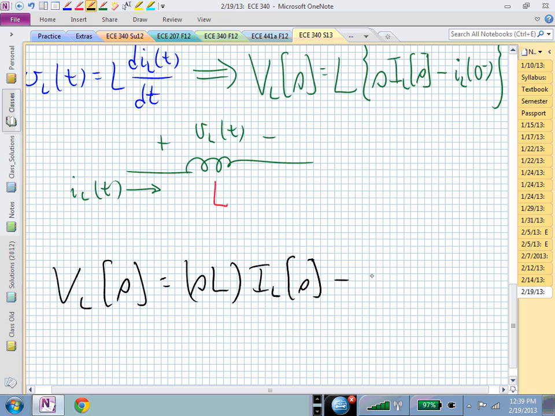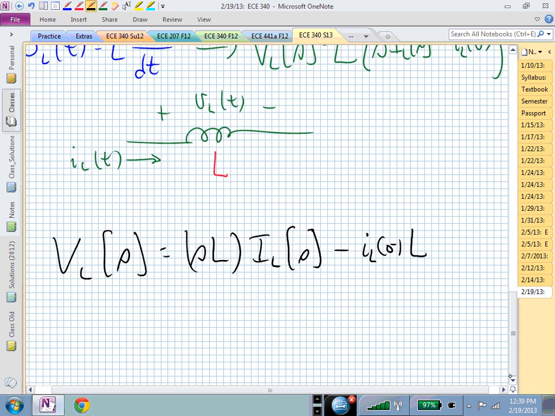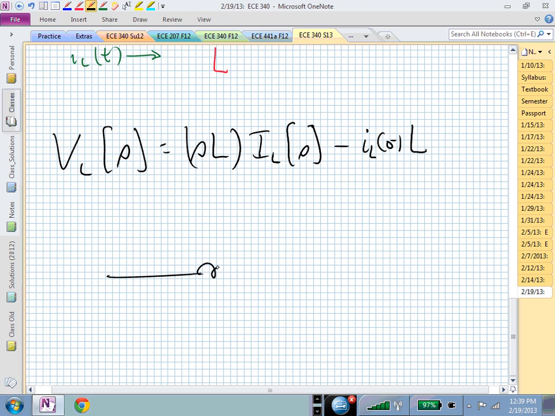But I also need to have minus I sub L of 0 minus times L. That's now my total voltage drop across that inductor, which says in the S domain I have a piece of that voltage that's associated with the drop on that impedance, where the impedance is SL, and then I have another drop that's really just a voltage source, where that voltage source is now a polarity from minus to plus with a magnitude of L I sub L of 0 minus.